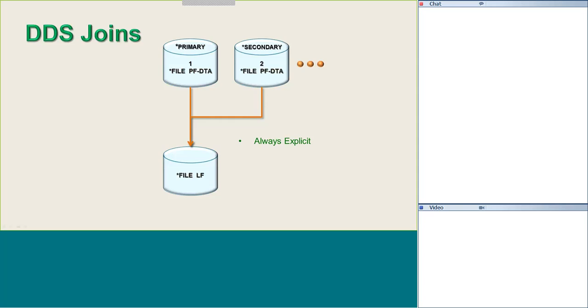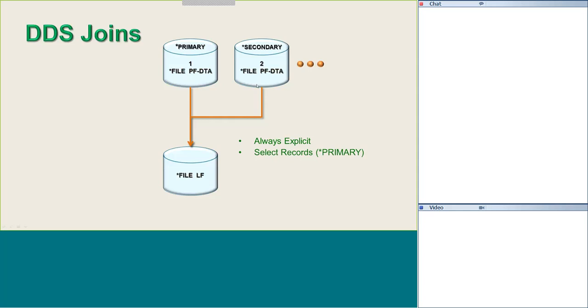This particular format is always an explicit format. That's fairly logical, because you're always defining fields from multiple files. So you have to be explicit about which fields you are putting in. You can select records, but only from fields in the primary file.